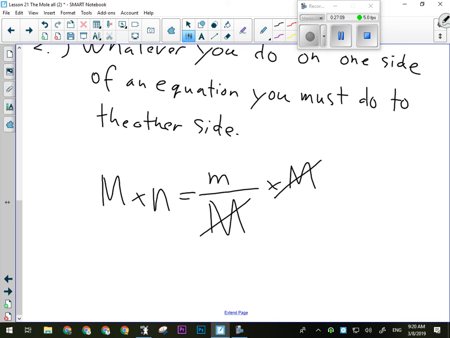For this equation, you actually only need the first two rules of algebra, because it's a simple equation. The third rule involves when you have more than three things.